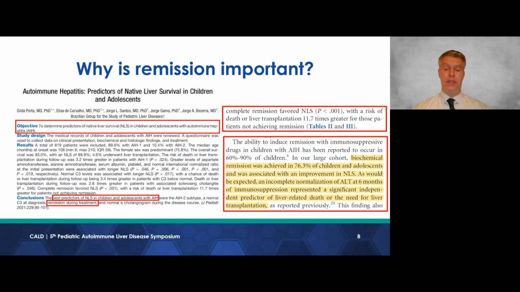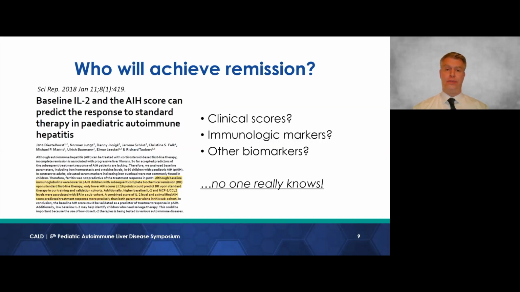Remission during treatment was one of the best predictors of transplant-free survival, whereas patients whose ALT had not yet normalized at 6 months of treatment had worse outcomes. So yes, it clearly is important.